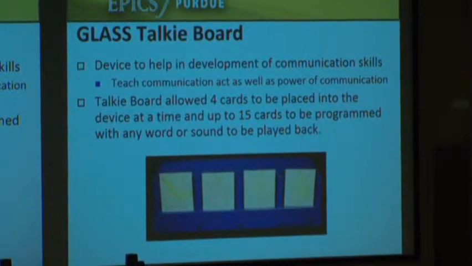And when you pull one out, it says the sound. However, with those devices, you have to remember what you recorded in slot 1 and make sure you line up the card. So you have to remember I recorded banana for slot 1, and apple for slot 2, and so on.